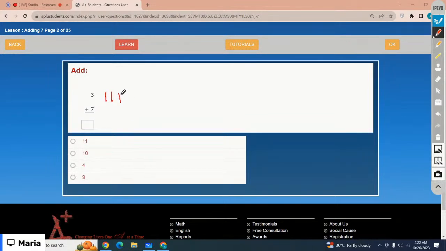The correct option is 10. We already know how to add 3, right? Adding 3 means you need to skip 2 of the numbers. So start with 7 and count up 3. So the correct option is, very good, that would be 10.